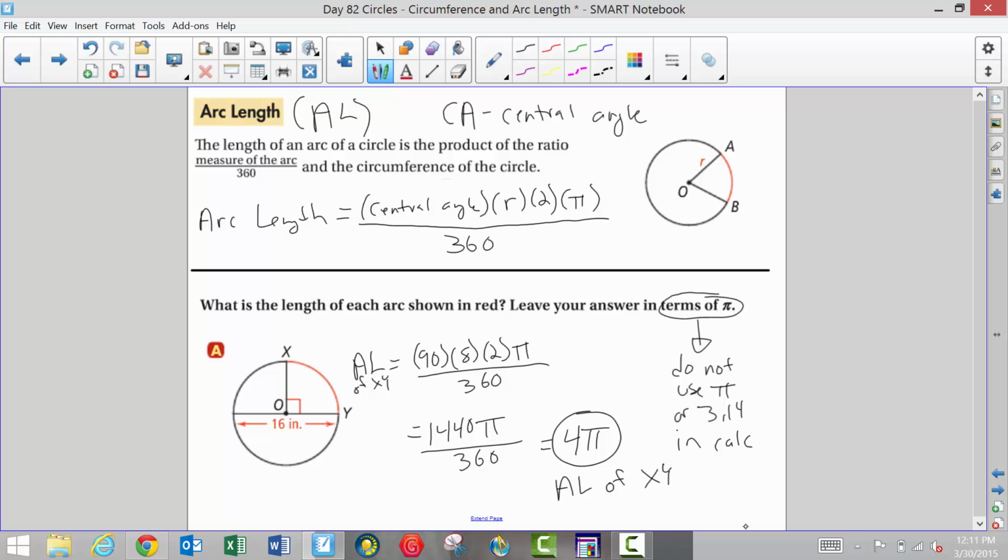Now 4 pi is about 12.57. If you wanted to get this as a decimal, this is about 12.57 inches from X to Y.